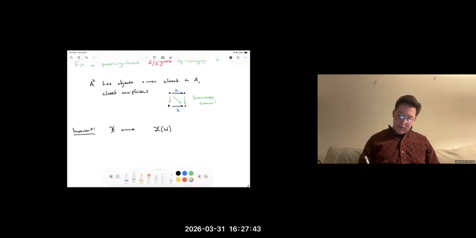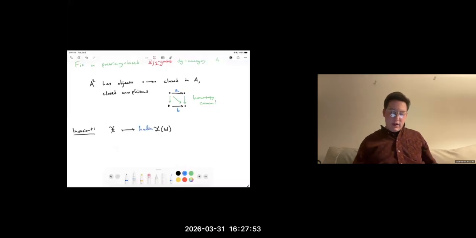And then I'm going to take the homotopy limit of this. So it's going to be the homotopy limit in the category of DG categories of some diagram. And when I say homotopy limit, this has to be with respect to some weak equivalences. The weak equivalences are quasi-equivalences of DG categories.